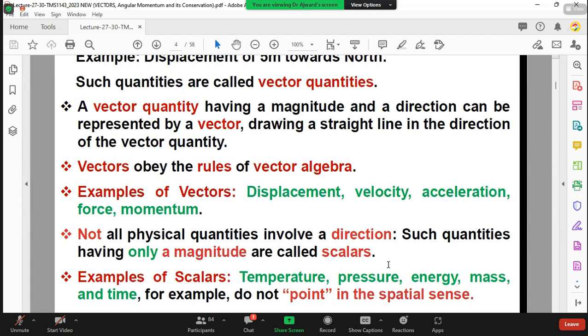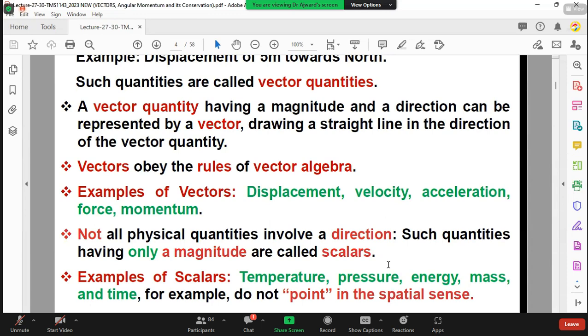They don't point in a direction. So scalars are different from vectors. Vectors have not only magnitude, they also have direction, but scalars don't have any direction in space.